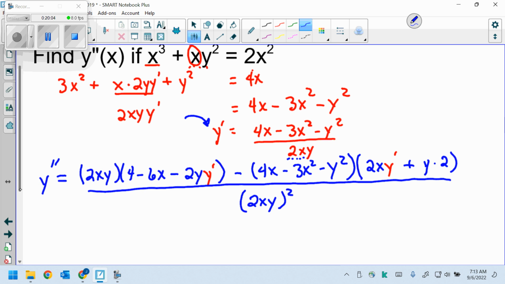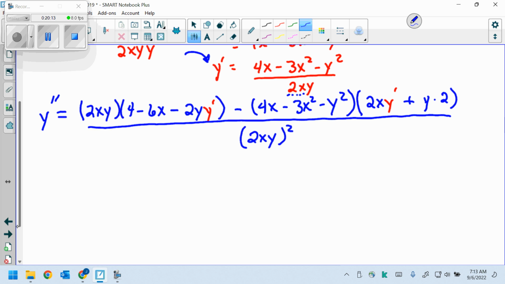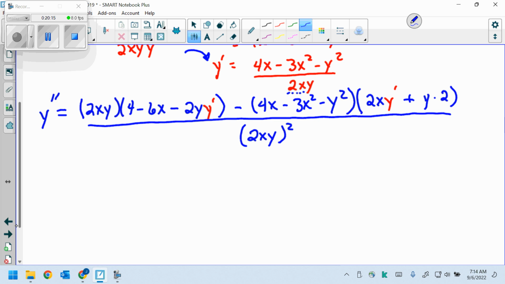Okay, now you'll notice that I kind of highlighted those y primes. The reason I have highlighted the y primes is because when you write y double primed, you cannot write it in terms of y primed. You have to write y double primed in terms of x's and y's the same way that you wrote y primed in terms of nothing but x's and y's.